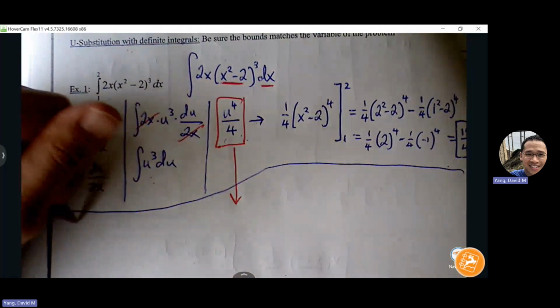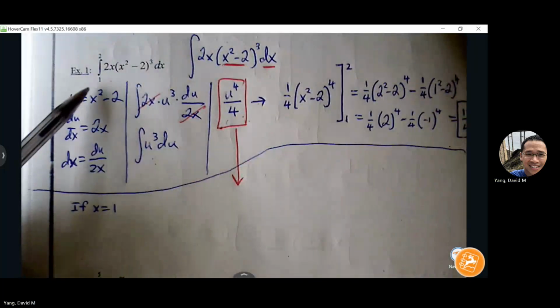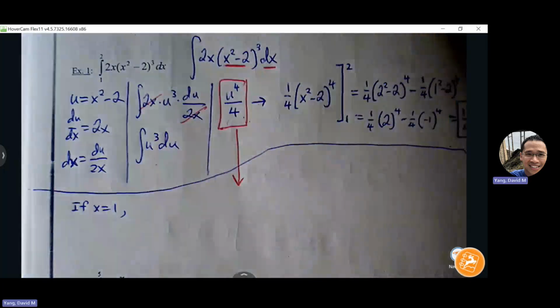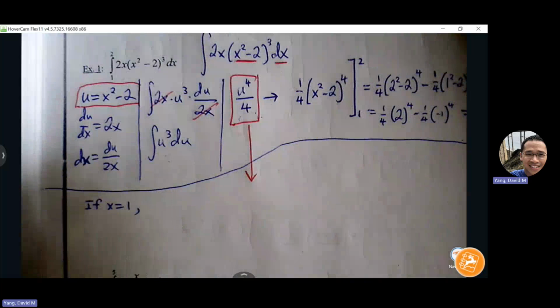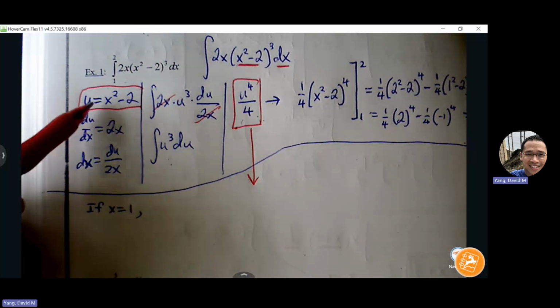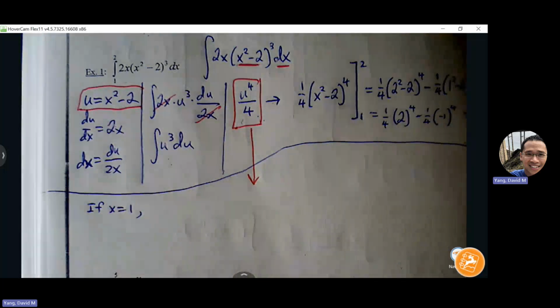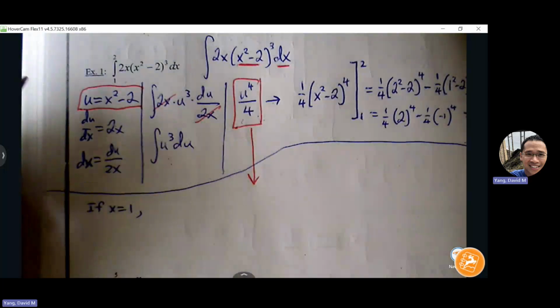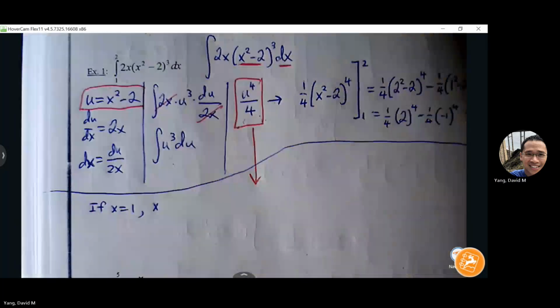So since x is equal to 1, I do have a conversion between u and x, and that is my u substitution statement. This conversion allows me to get from the x variable to the u variable.